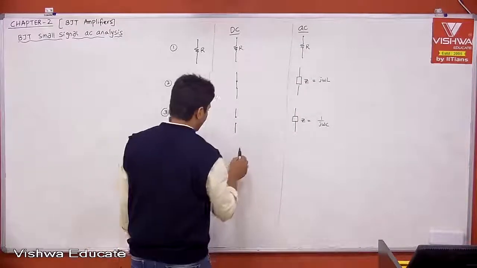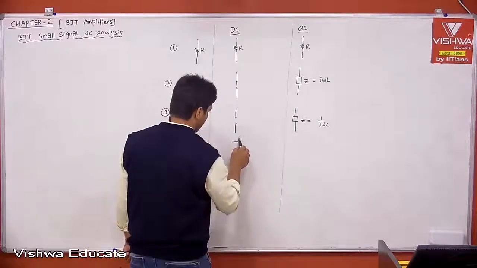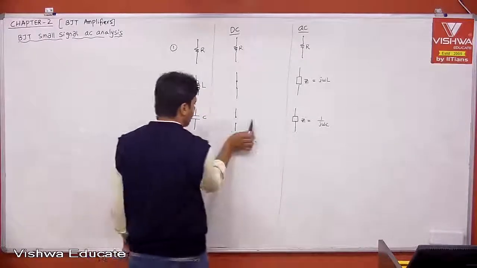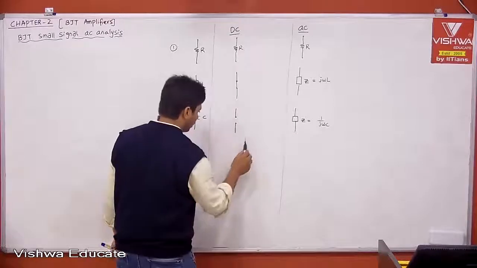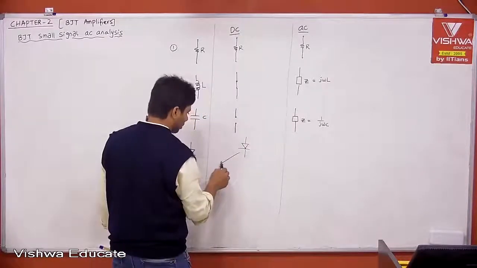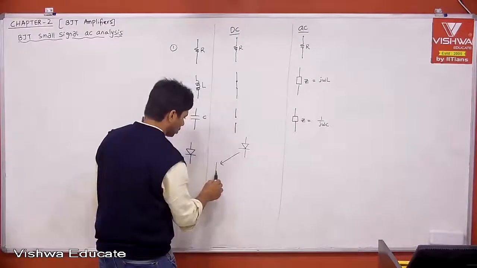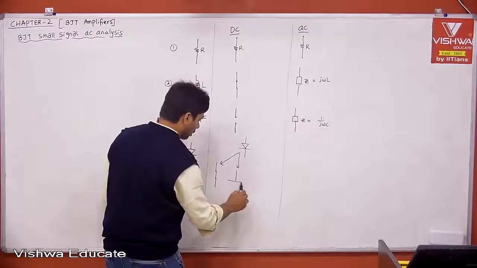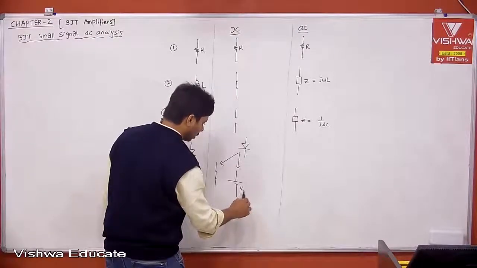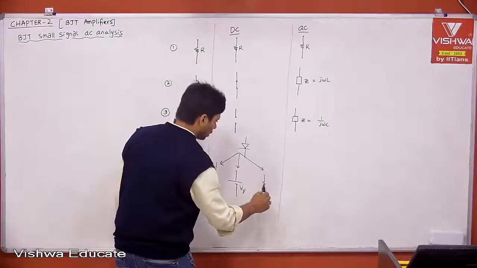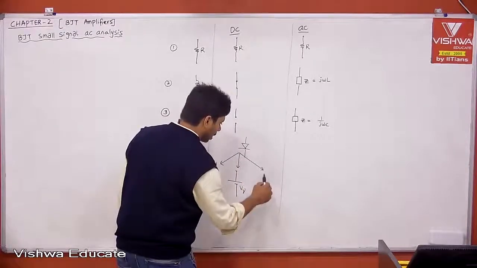Now, if you ask me the PN junction diode, this is your PN junction diode. Now, because our equivalent circuit is different, this is your PN junction diode, right? Now first approximation, that is nothing but what? Short circuit. And the second approximation, that is nothing but a battery, which is V gamma. And third approximation, that is nothing but a resistor and V gamma.